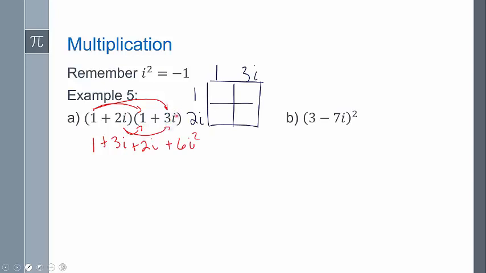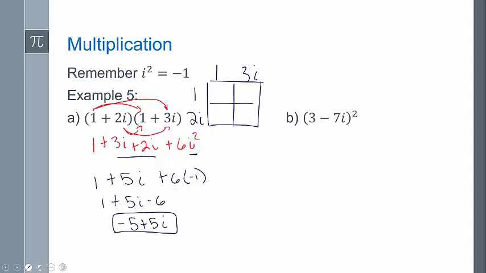Well, i times i gives me i squared. So that means, combining like terms, 1, 3i and 2i give me 5i, but this i squared gives me negative 1. And so 6 times negative 1, that's going to give me negative 5 plus 5i. And so we have that there.